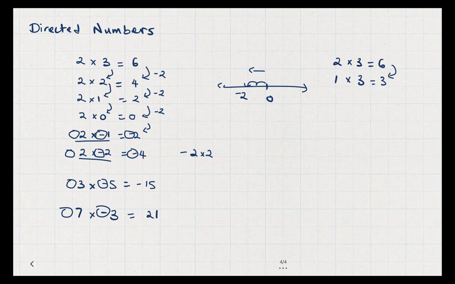That was a reduction of 3. 0 times 3, we know that's 0. That's another reduction of 3. So negative 1 times 3, if I follow that pattern, should be negative 3. And negative 2 times 3 gives me negative 6 following the pattern.